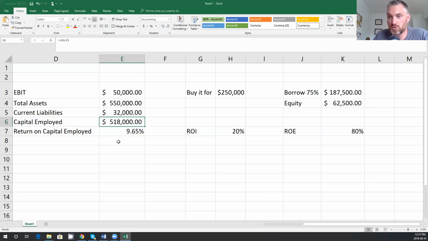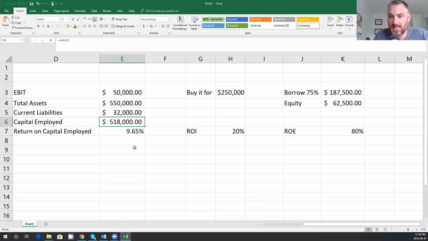So this is a tool for analyzing going concern businesses, and your return on capital employed is going to vary as things come and go in the business, as money comes in and sales are made and debts are paid and bills are paid, et cetera, and as long-term debts are paid down, for example, this number is going to change over time.